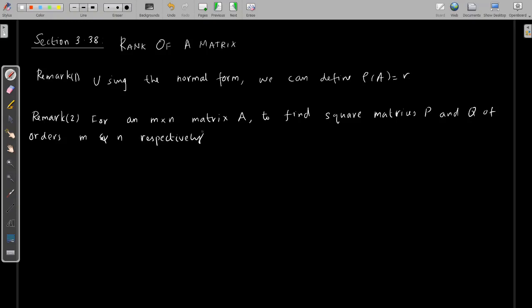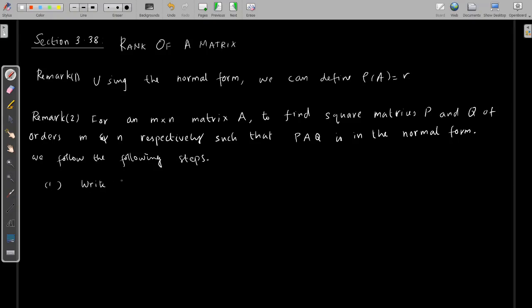So we need to get two square matrices which transform this A to its normal form. This is an interesting question, how to find this P and Q. Once you get this P and Q, you can easily write the normal form of A. That's the idea of these P and Q.